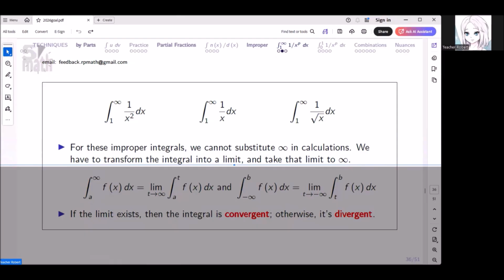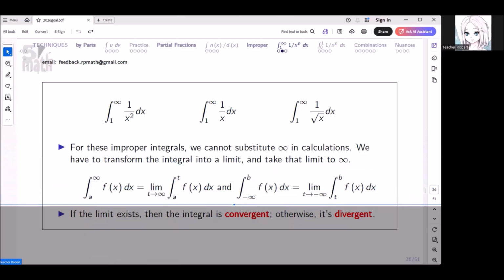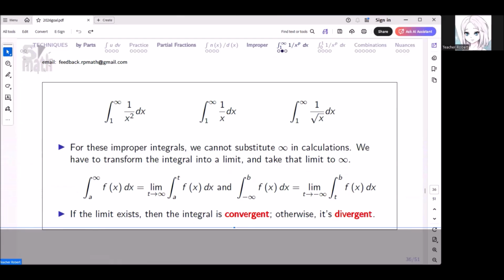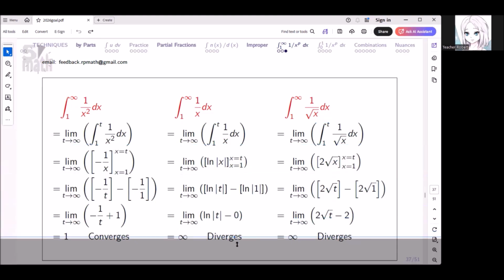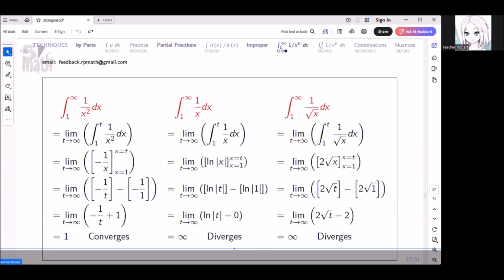We have to transform the integral into a limit and take that limit to infinity. If the limit exists, then the integral is convergent. Otherwise, it's divergent. Here are the integrals, and we should get the following.